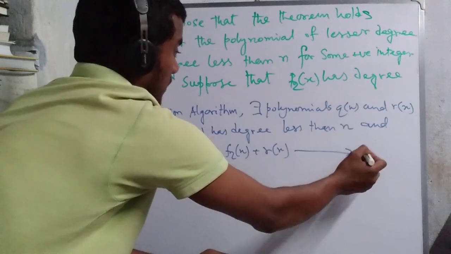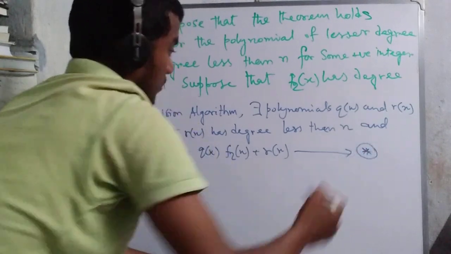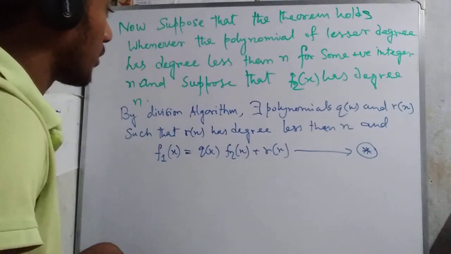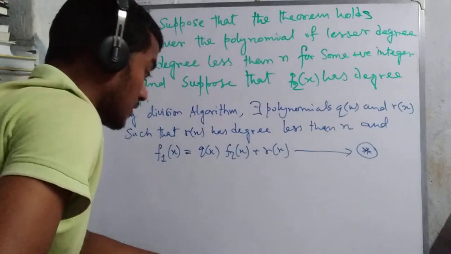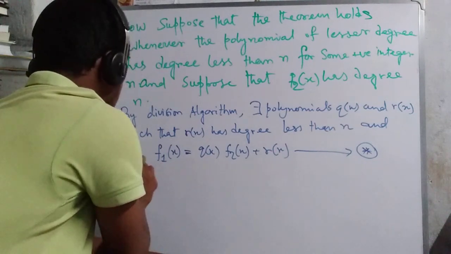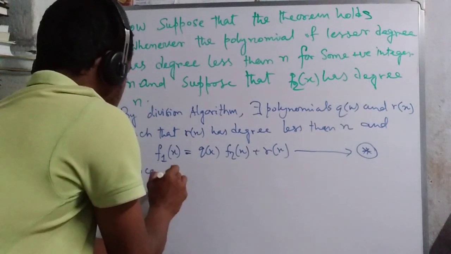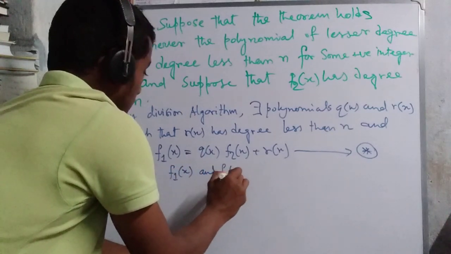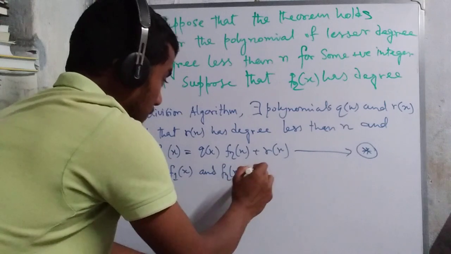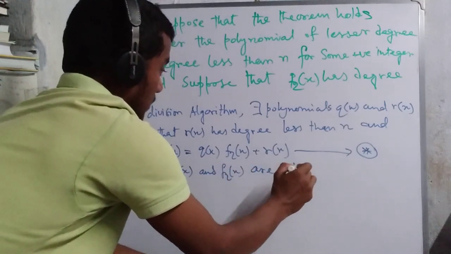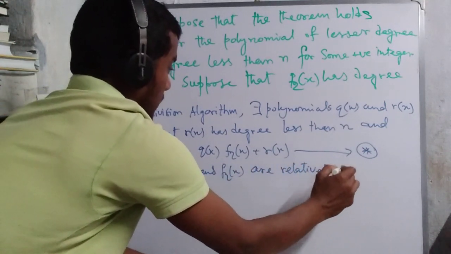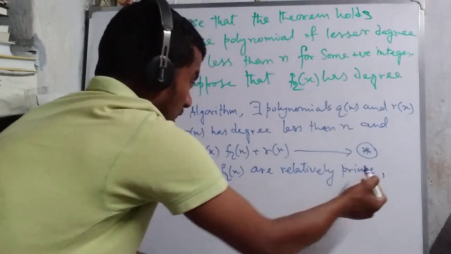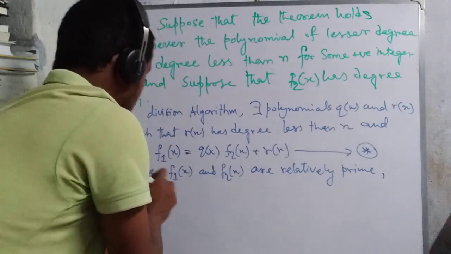This one we mark as star. Since f1(x) and f2(x) are relatively prime, r(x) is not the zero polynomial.